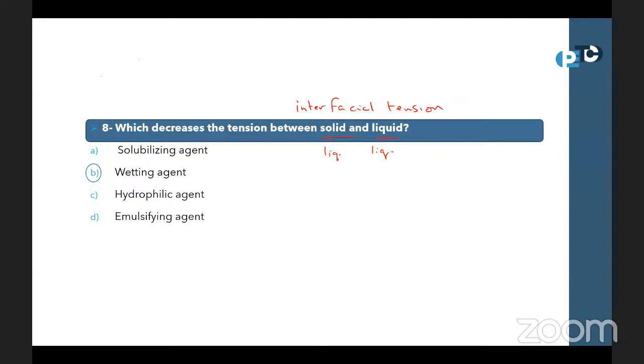Okay, is it clear? This means that when solid and liquid are the two phases, we call it a wetting agent. While when the two phases are similar, liquid and liquid, but immiscible with each other, we call it either surfactant or emulsifying agent.